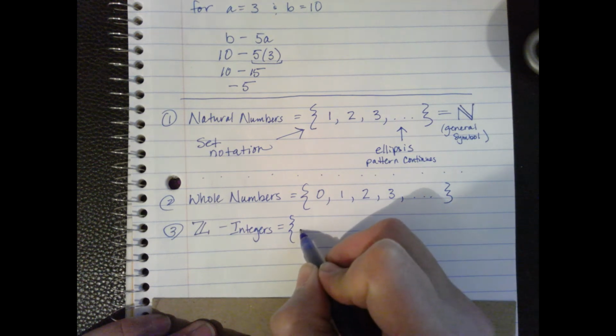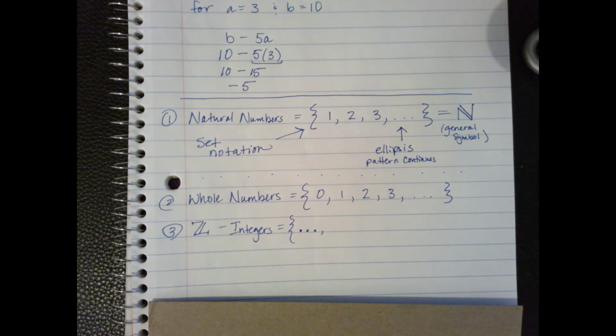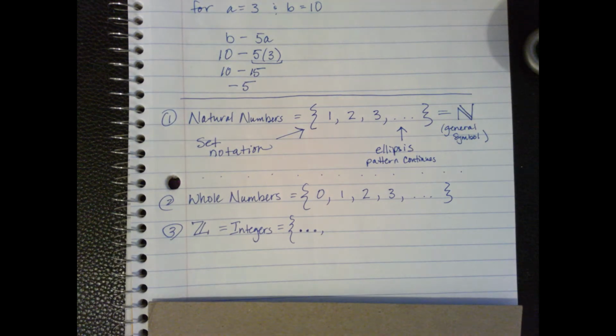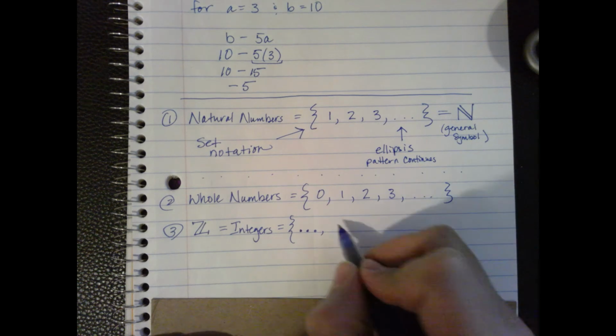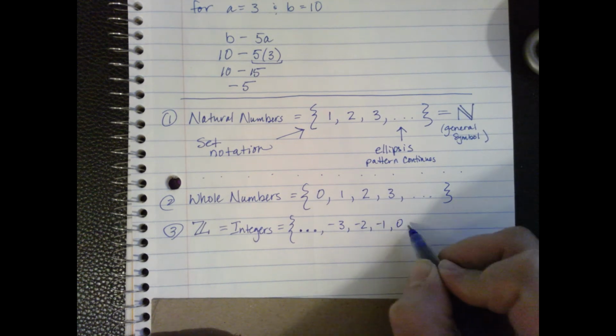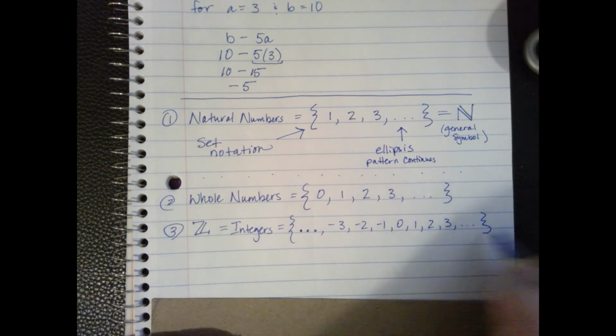Now, here for the integers, I'm going to have ellipses at the very beginning. The integers introduce the negative whole numbers into our number sets. Okay, so -3, -2, -1, 0, 1, 2, 3, and so on.